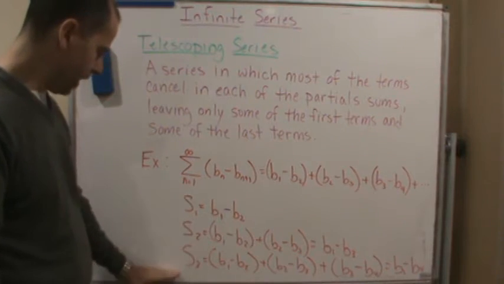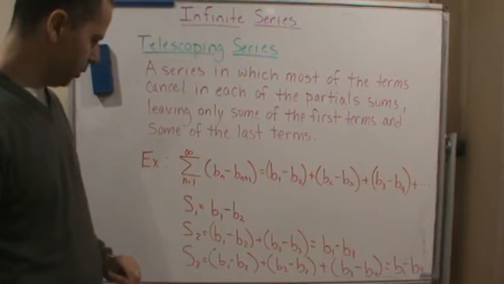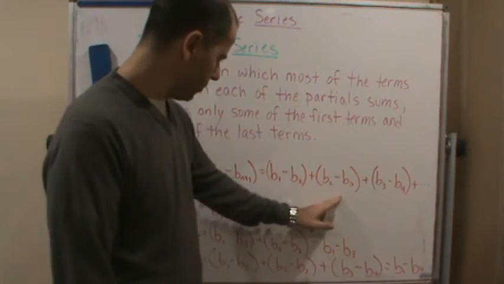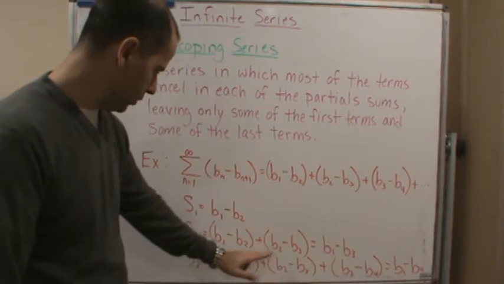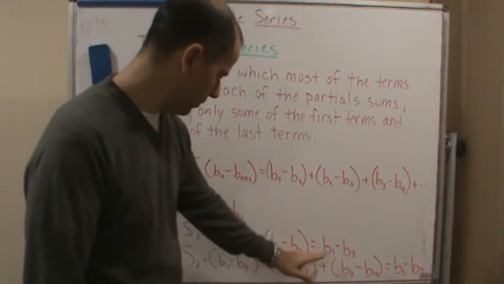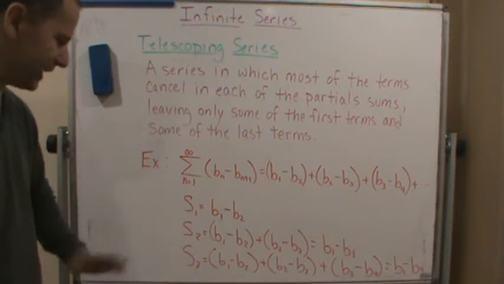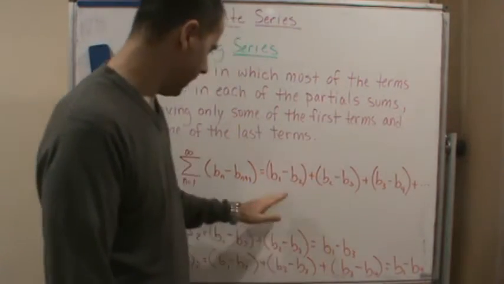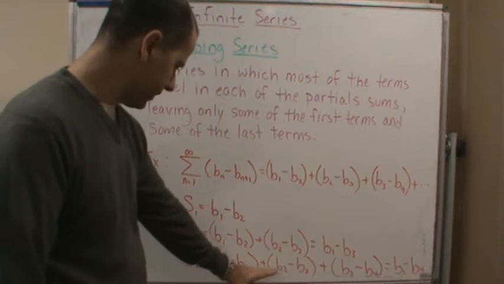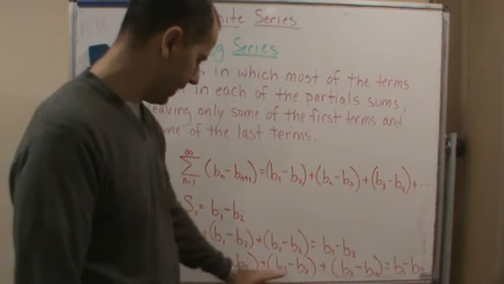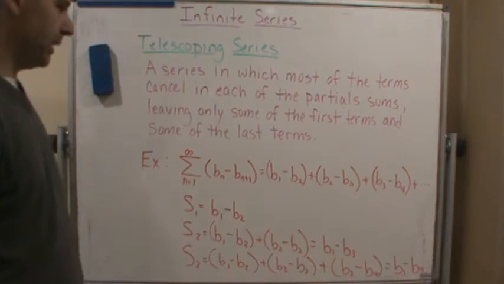If you look at the partial sums, S1 is just b1 minus b2. For S2, you get the first two terms, but then the minus b2 and plus b2 cancel each other out, and you get b1 minus b3. For S3, same thing: you get the first three terms, the b2s cancel, the b3s cancel, and you get b1 minus b4.